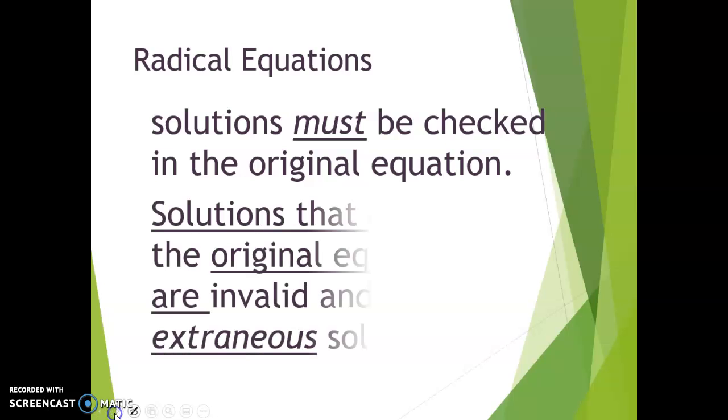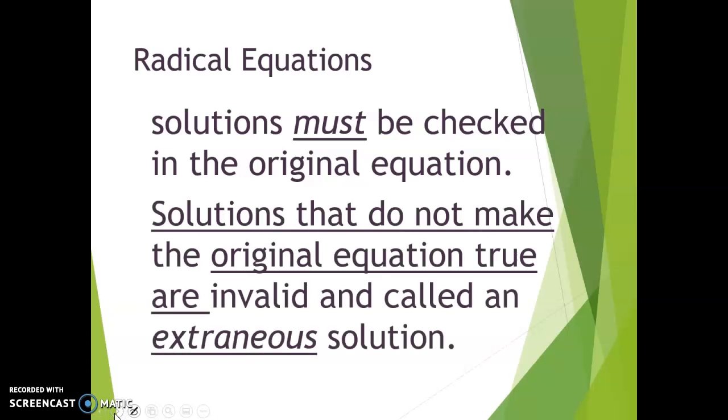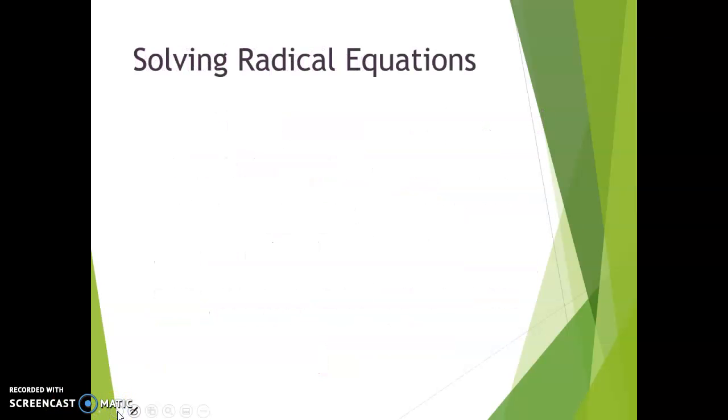Solutions must be checked in the original equation because you may get a solution that may not actually work with the original equation. Solutions that do not make the original equation true are invalid and are called extraneous solutions. So you're going to see when we're going through our steps today that we're always going to check our solution. We do need to check every one to make sure we don't have any extraneous solutions.